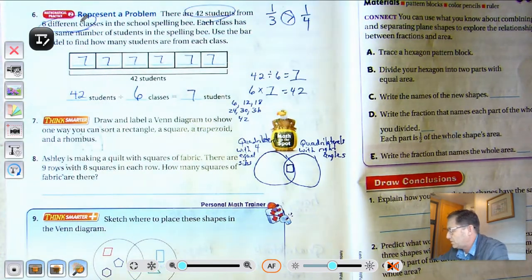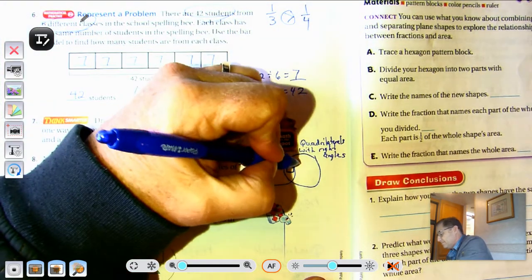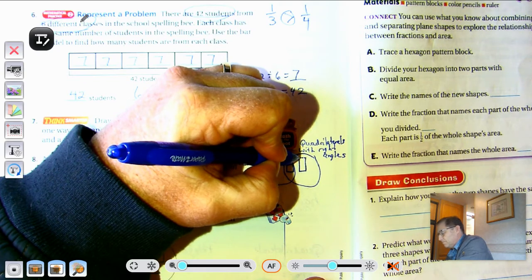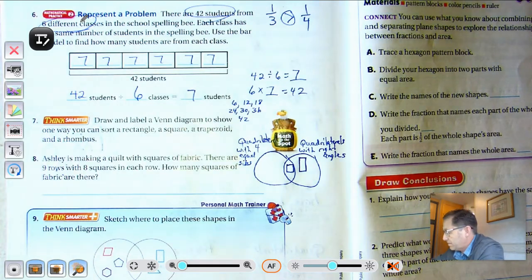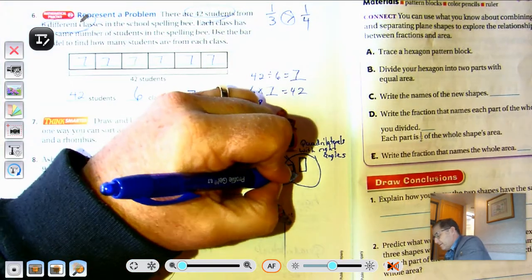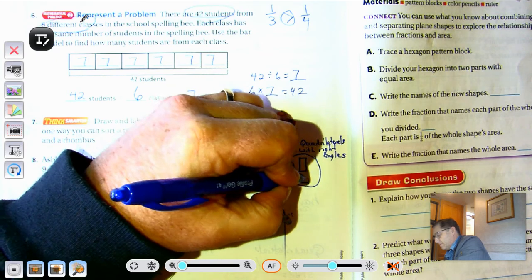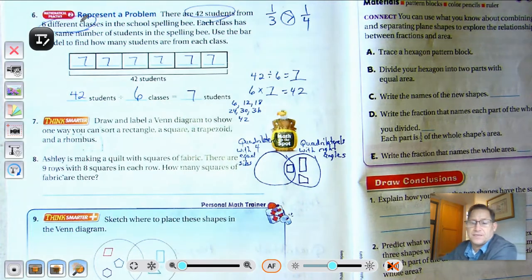So which quadrilaterals have right angles? The rectangle does. Trapezoid. Can a trapezoid have a right angle? Yeah, sure it can. Okay, that's a trapezoid.